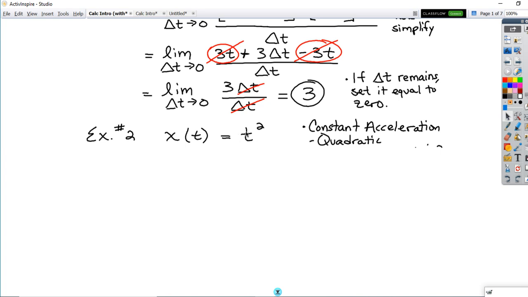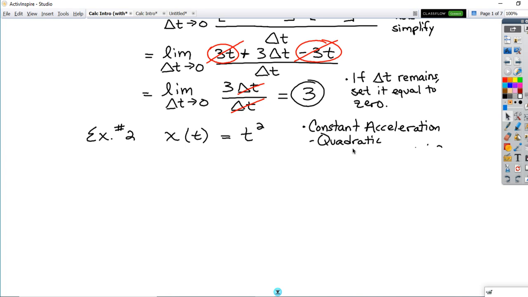So the t squared term tells us that it's an object experiencing constant acceleration. If it was a t cubed term, for instance, then that object in a cubic would be experiencing a changing acceleration. And that's something that we will see this year.